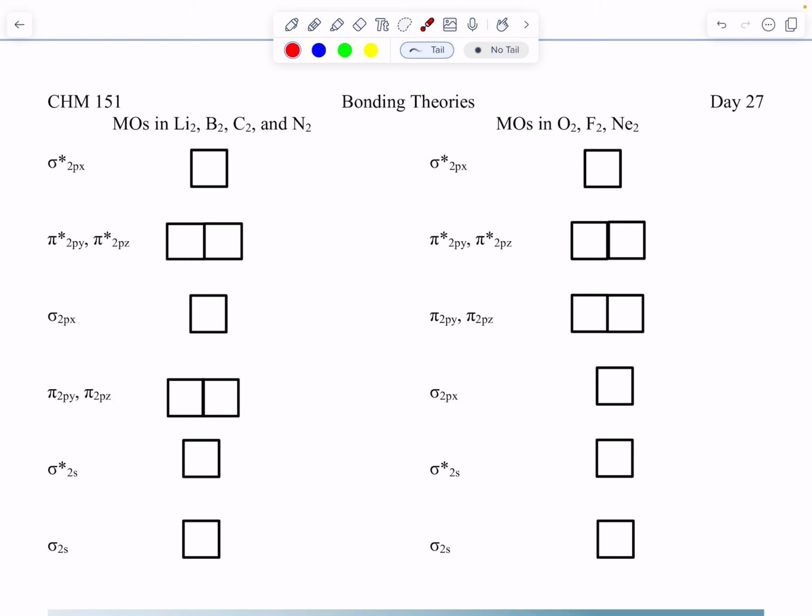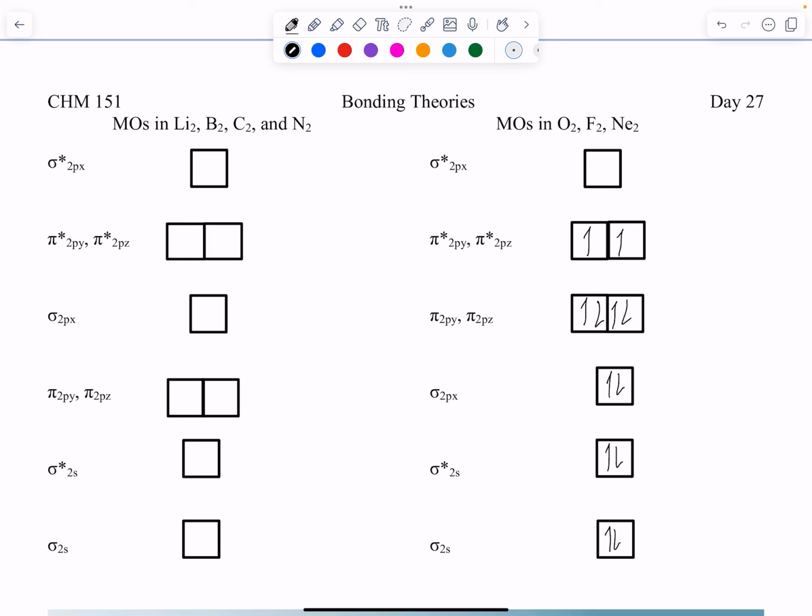This explains some properties in oxygen. So for oxygen, O2, how many electrons do we have? Our valence would be 12, 6 and 6: 1, 2, 3, 4, 5, 6, 7, 8, 9, 10, 11, 12.